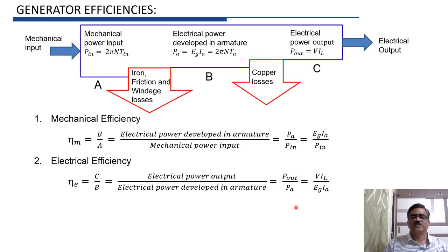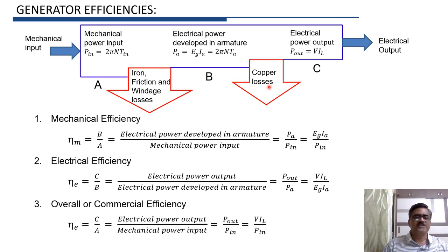Now P out is V into IL and Pa is Eg into Ia, and therefore electrical efficiency is equal to VIL upon EgIa. This efficiency depends on copper losses.